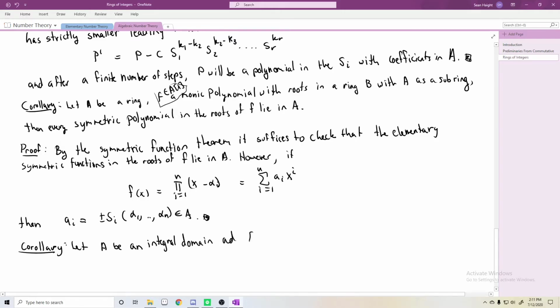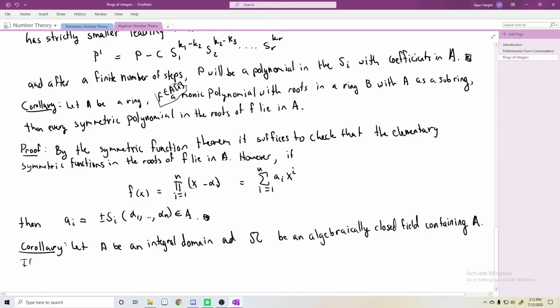And I'm going to let, let's say, omega be an algebraically closed field containing A. Okay.